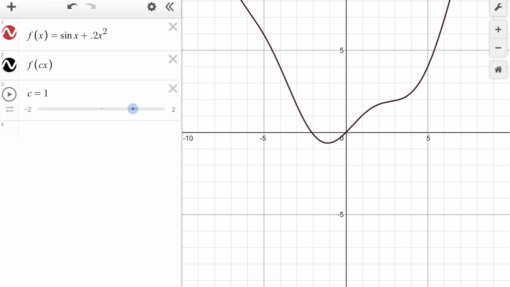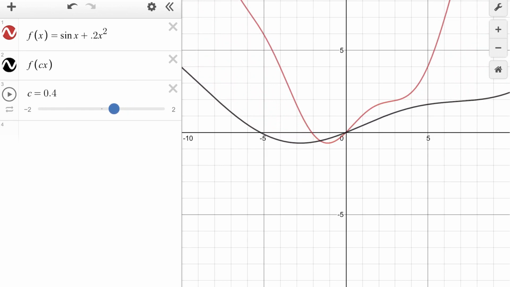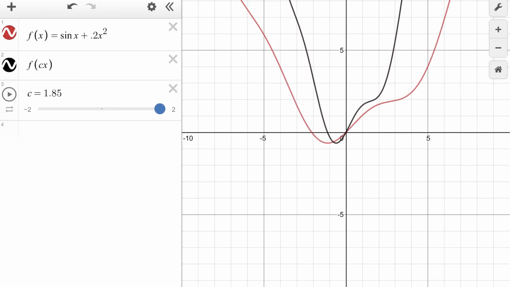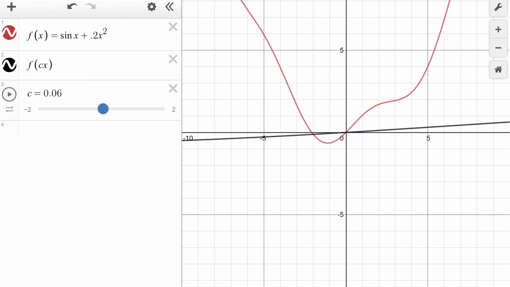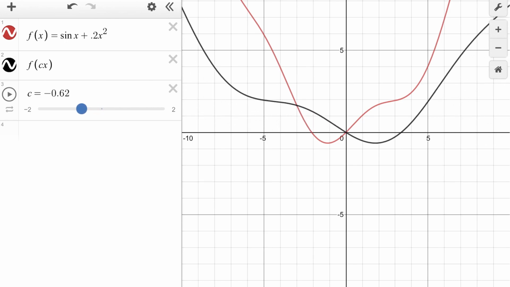Once C goes more than 1, the reciprocal of C will be less than 1, so we'll get horizontal compressions. When C is between 0 and 1, there will be horizontal stretchings. When C goes negative, then there's also a reflection as well as a horizontal compression or stretching involved.